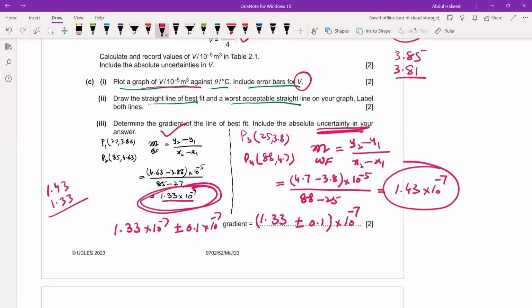So the best fit gradient answer is the actual answer, and the difference of the two answers, best fit and the worst acceptable line, is the error. So this is the gradient with its uncertainty. Now, another thing here: the unit of the gradient is not required, so no need to write it, but you have to look at the unit.